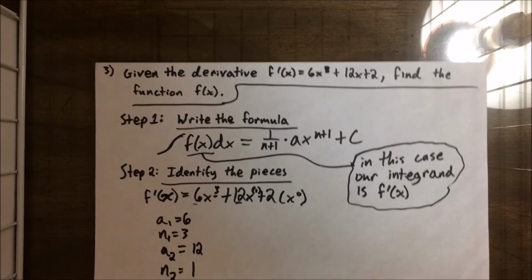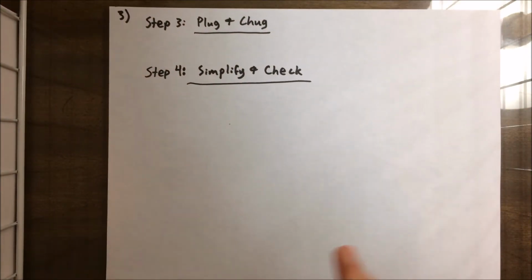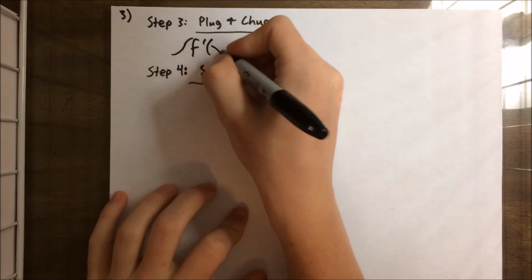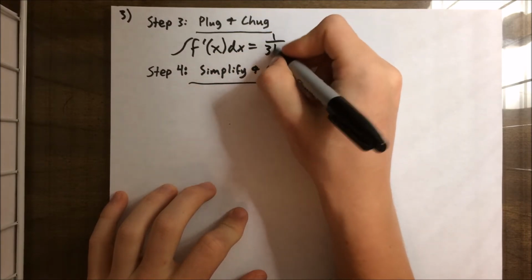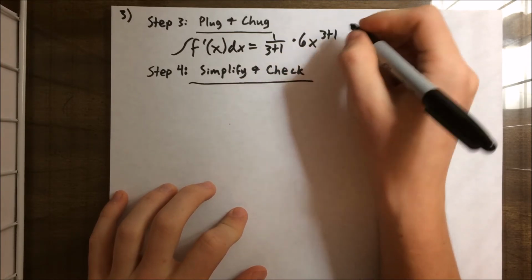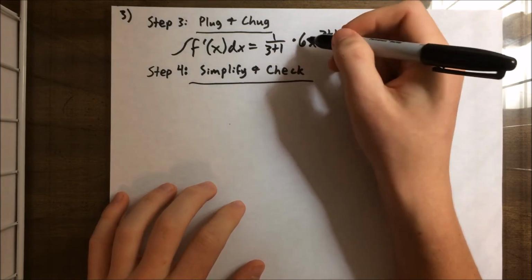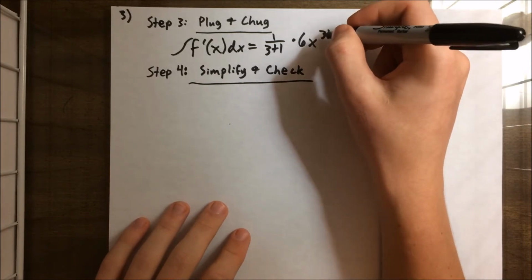Okay, so now let's go on to step 3, which is to plug and chug. So let's go ahead and do that. So the integral of f prime of x dx is equal to 1 over 3 plus 1 times 6x to the 3 plus 1. So 1 over n plus 1 times, so that was n1, and then times a1, which is 6, x to the n1 plus 1, 3 plus 1.